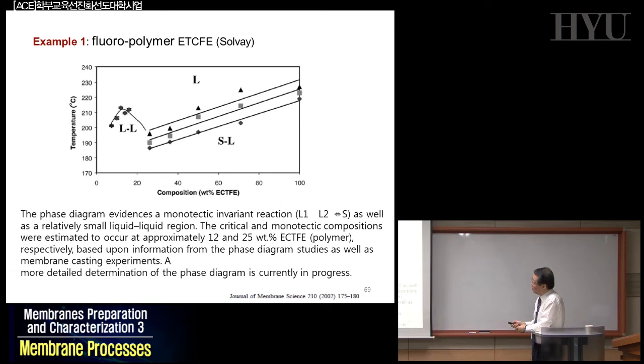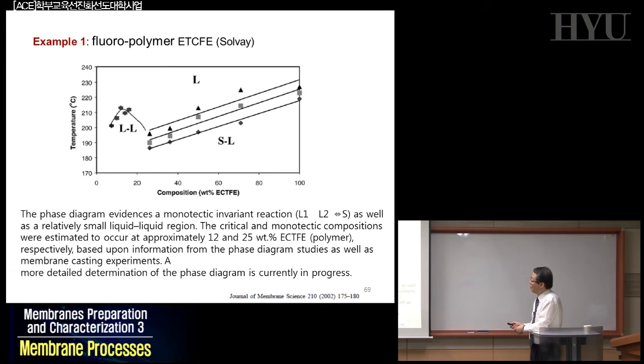When you increase your polymer concentration, then your phase diagram is a little different. The cloud point is different, so that the point following this line, the inflection point between this line, at about 25%, is called the monotectic composition of your polymers.